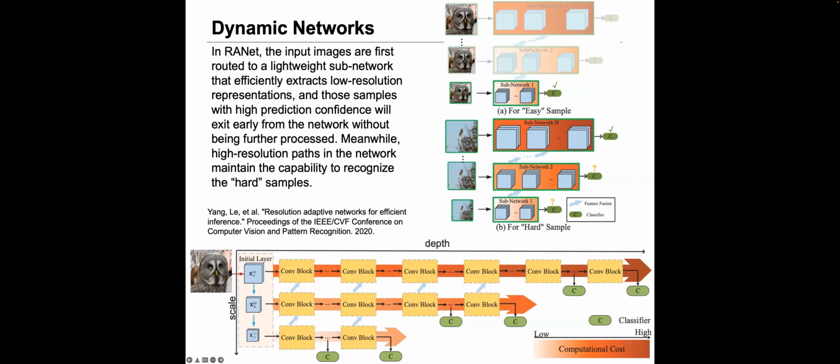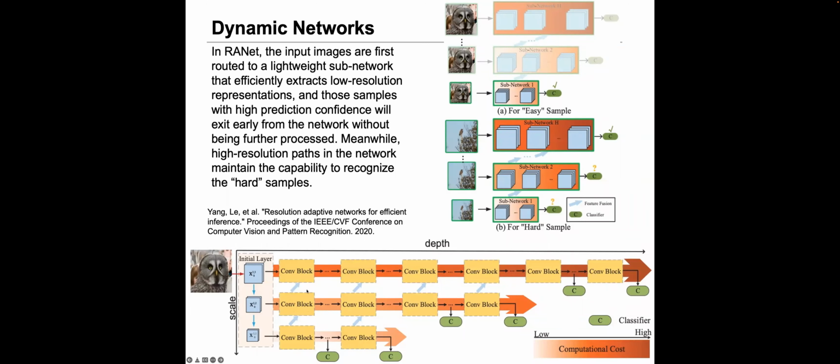So this is considered a hard example. We cannot use a smaller resolution or a smaller network to achieve a very confident prediction. In this case, we might have to use the original resolution and a larger network so that the prediction can be accurate.